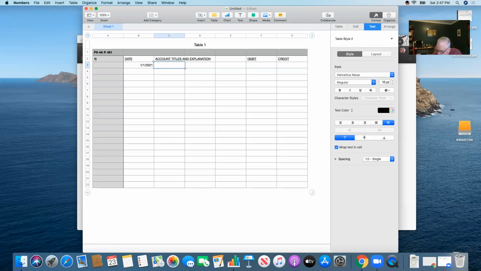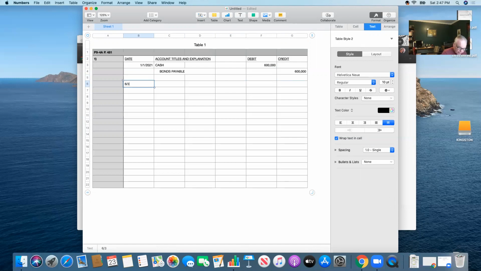Under number one, the bonds were sold for $600,000. So debit cash and credit bonds payable.